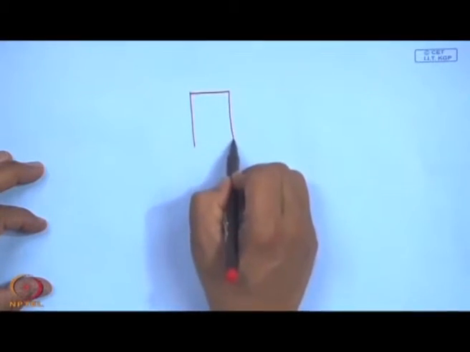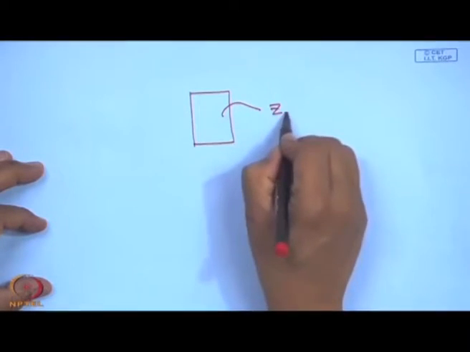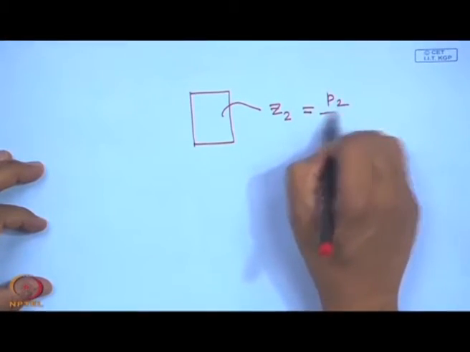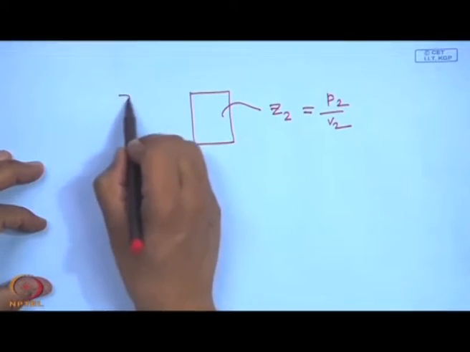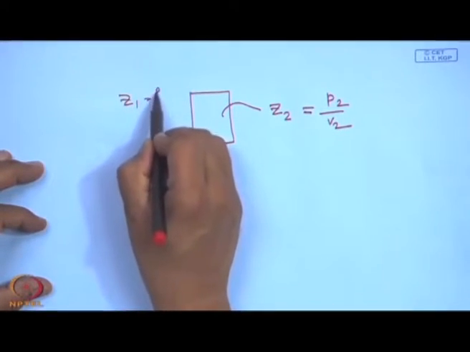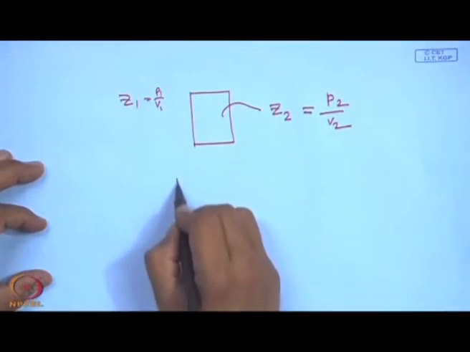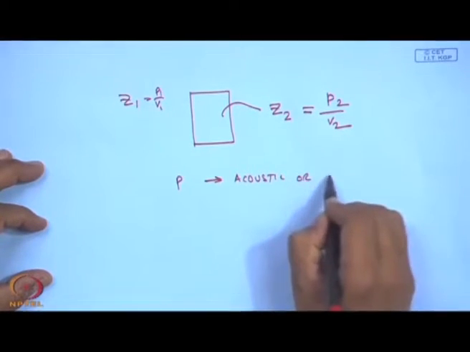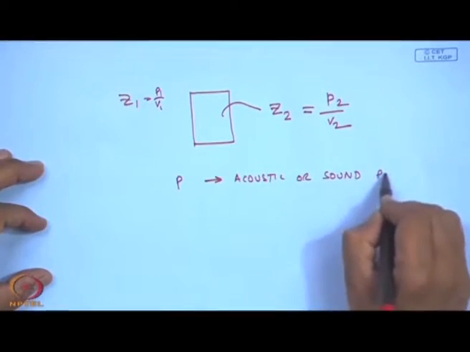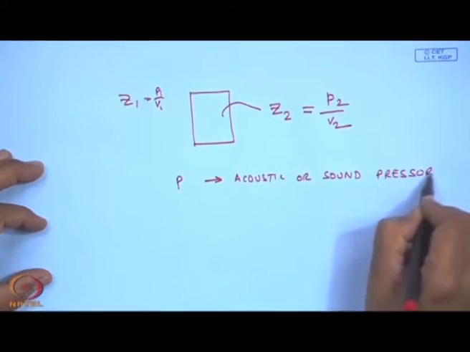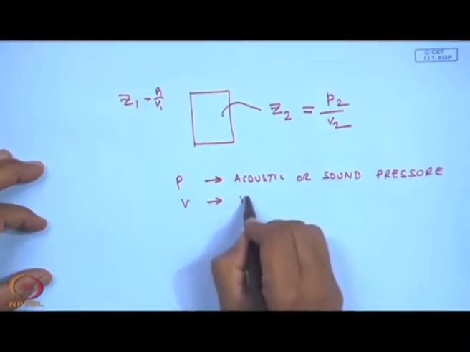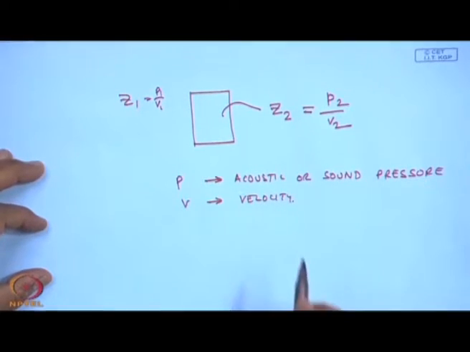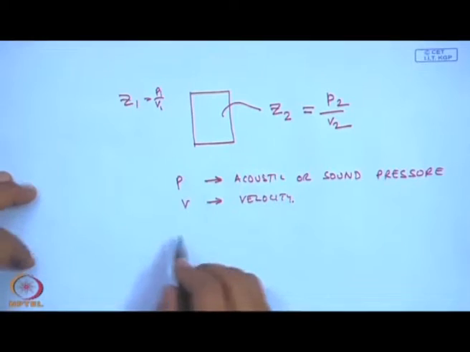For example, I have a medium of certain impedance Z 2, which is P 2 by V 2, and the impedance of this medium is Z 1, which is P 1 by V 1, where P is the acoustic or sound pressure, V is the velocity. Okay.